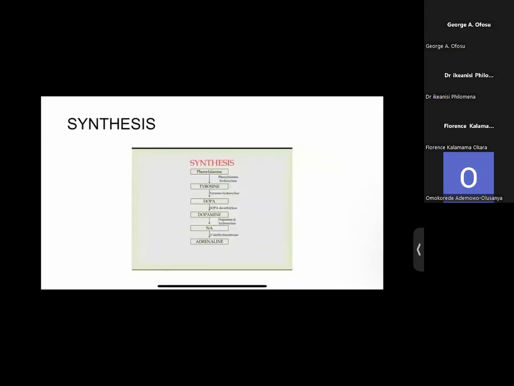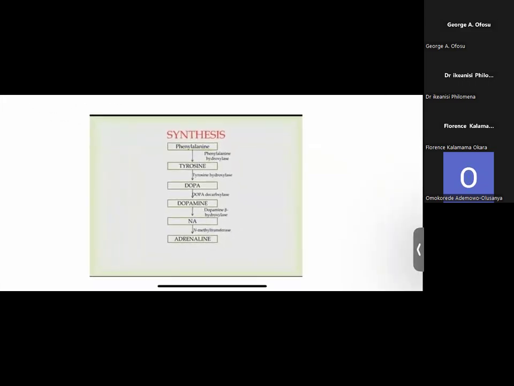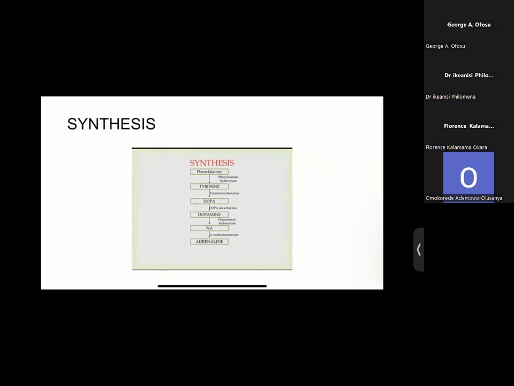The next slide is just the summary of the synthesis of the catecholamines: noradrenaline, dopamine, and adrenaline. The first agent for the synthesis is an essential amino acid called phenylalanine, which is acted upon by phenylalanine hydroxylase to be converted to tyrosine.